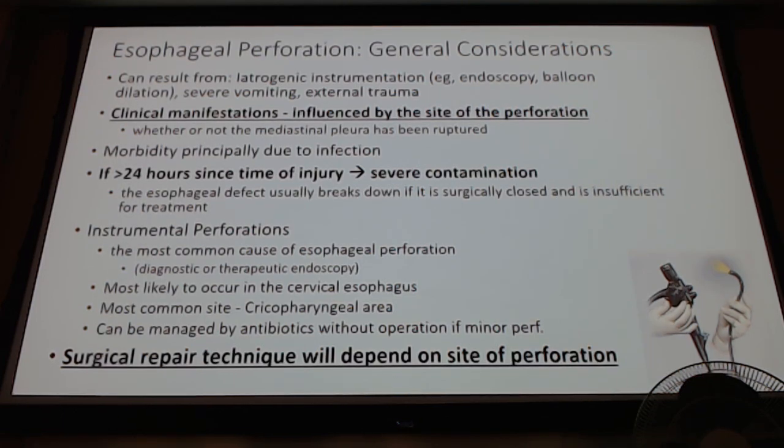Alright. If you have a patient who has just gone through an esophageal procedure, an EGD, a scope, anything that put air into the esophagus, you have to always think of perforation.